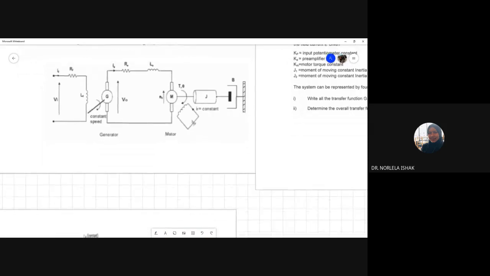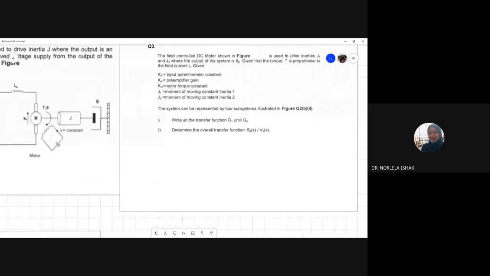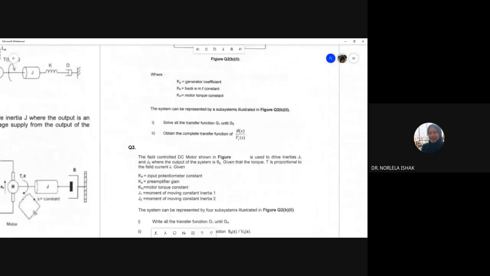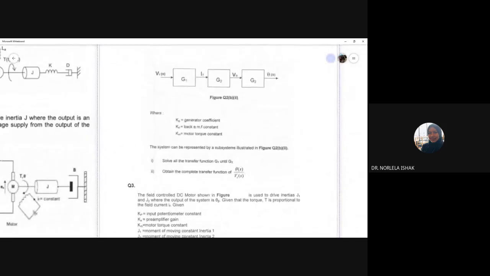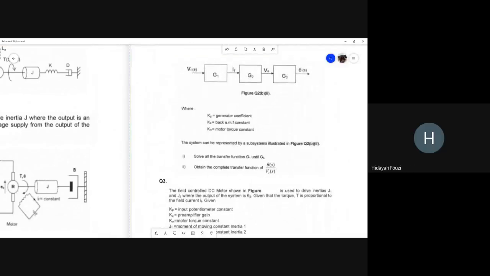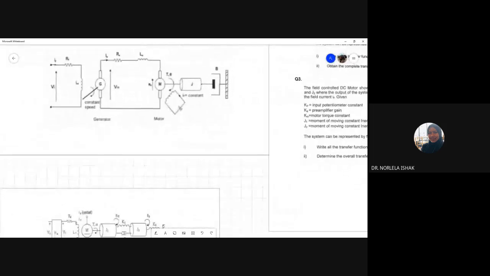What is the first system you can derive? See, this is question 3. Potential meter. Field potential meter. Which potentiometer? What is the physical subsystem?